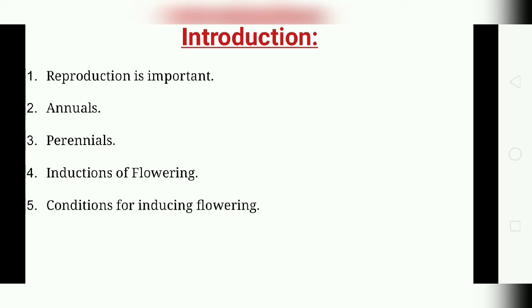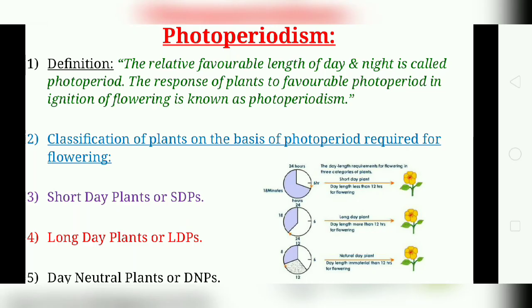There are two main inductive conditions that induce flowering, that is light and temperature. The flowering response to day length is called photoperiodism, while the low temperature treatment is known as vernalization. We'll discuss photoperiodism.